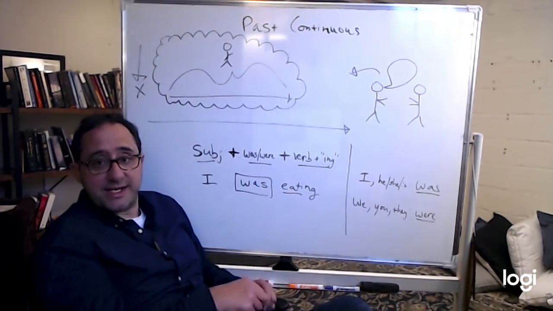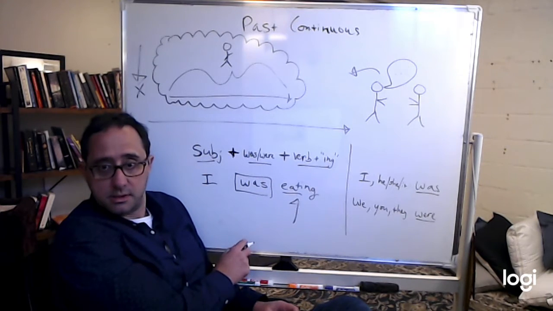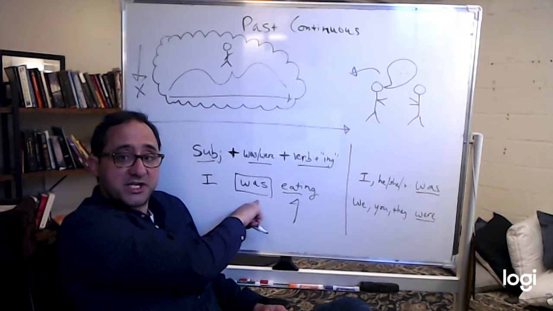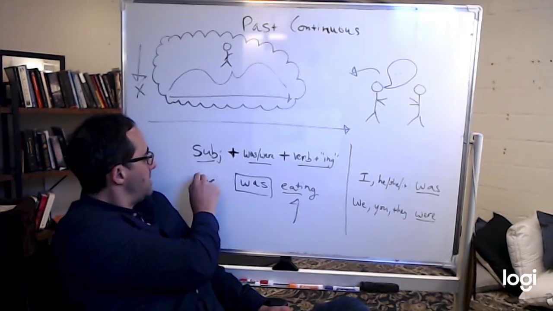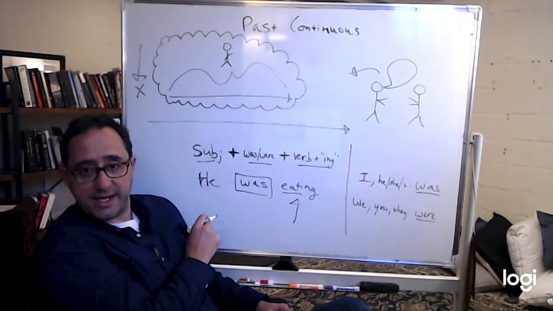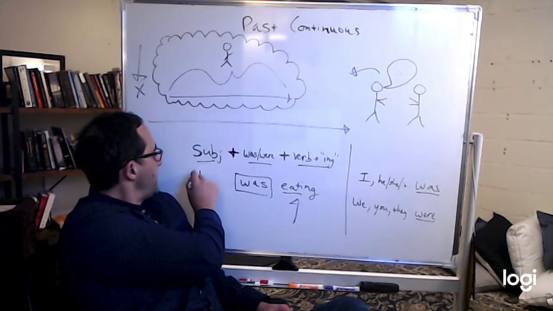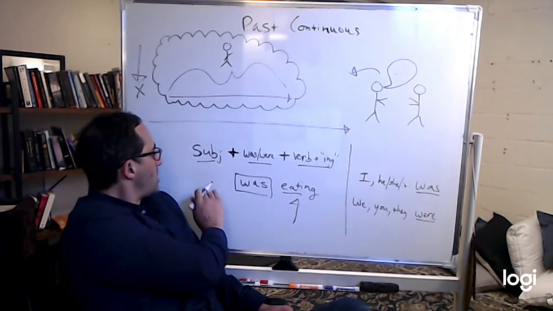So I was eating. Now, this is the magic part. This doesn't change. You just change was or were. So I was eating. He was eating. What was the dog doing? It was eating. What were we doing?